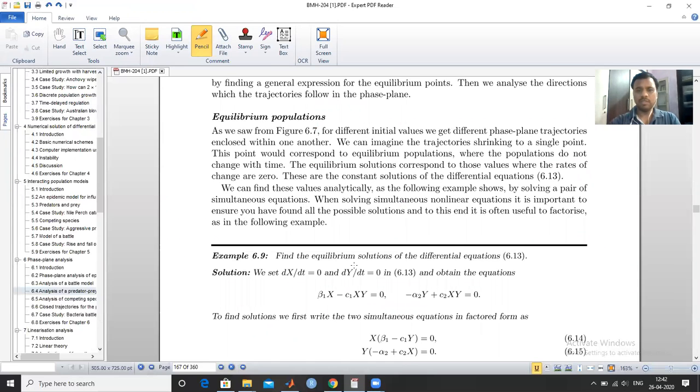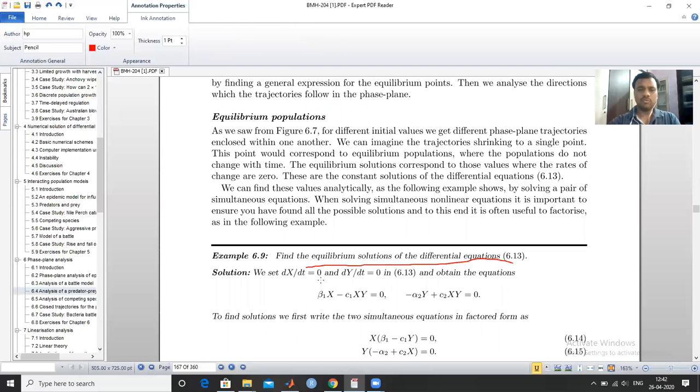So first, find the equilibrium solution of this differential equation. If you put dx over dt is equal to 0 and dy over dt equal to 0, then you will get these two equations, and solve them simultaneously for x and y.